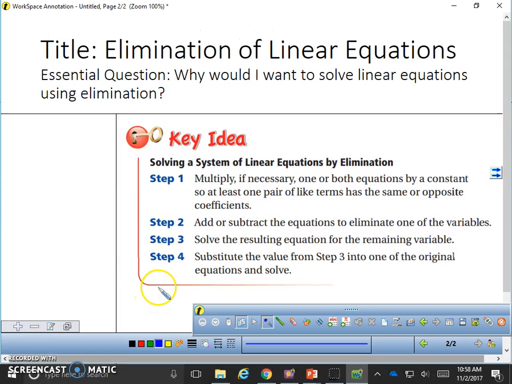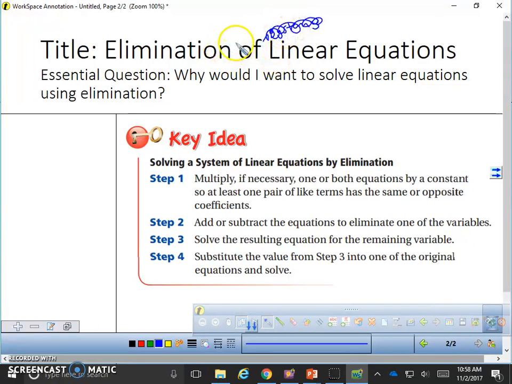So go ahead and title this Elimination for Systems of Linear Equations.